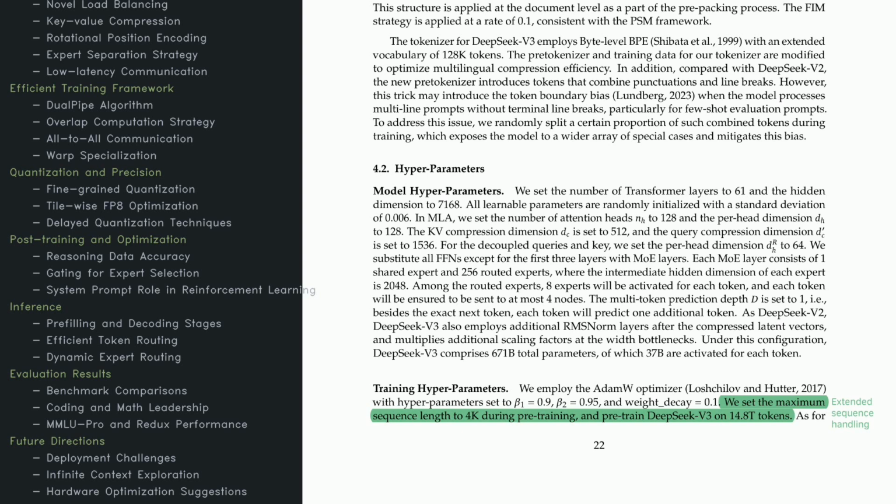Altogether, that forms the 671 billion total parameters, with 37 billion actually used per token. The paper also mentions the AdamW optimizer for stable, efficient updates. During pre-training, the sequence length can go up to 4,000 tokens, allowing the model to handle quite complex inputs.